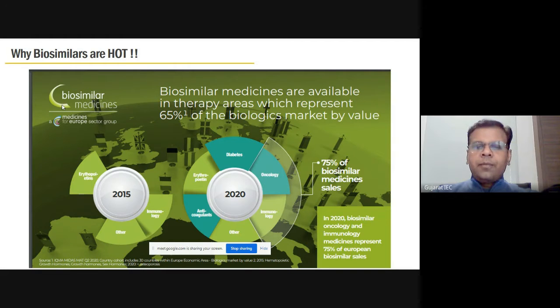At this point of time, if we consider 2020, we have biosimilars targeting various other therapeutic areas like diabetes with insulin, erythropoietin, anticoagulants. Immunology and oncology definitely remain the major players. There's a huge market out there which is growing exponentially, where 75% of biosimilar medicine sales are just in oncology and immunology.